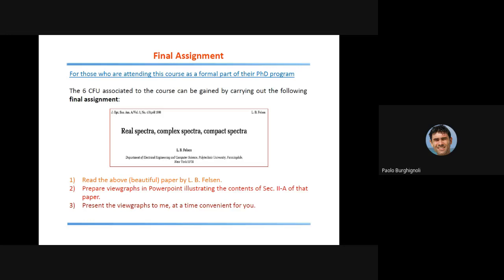The assignment is to read a specific section of this paper, section 2A. So it's a small portion of the paper, which anyway is not a long paper, but it's dense. And to prepare view graphs in PowerPoint that illustrate the contents of this section only, and then present the view graphs to me, probably at distance if the situation goes on like now, but you can do that at any time.